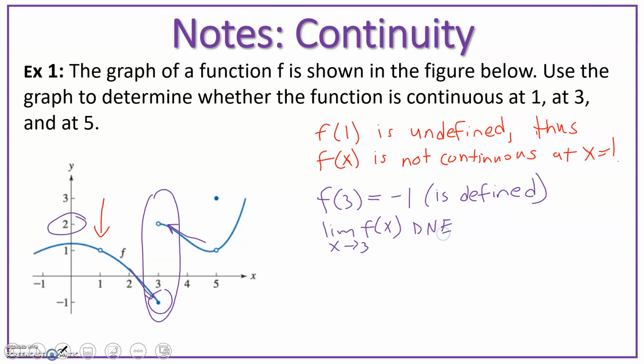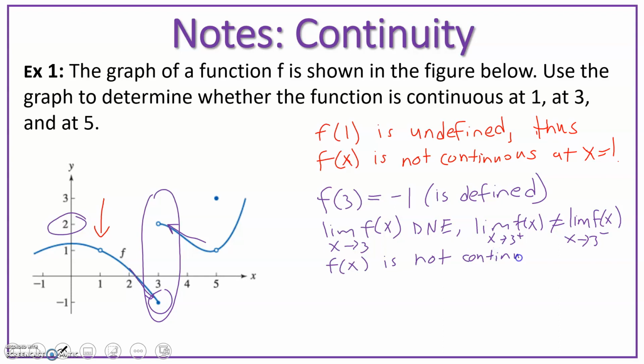And it doesn't exist because the limit of f of x as x approaches 3 from the right does not equal the limit of f of x as x approaches 3 from the left. So f of x is not continuous at x equals 3.